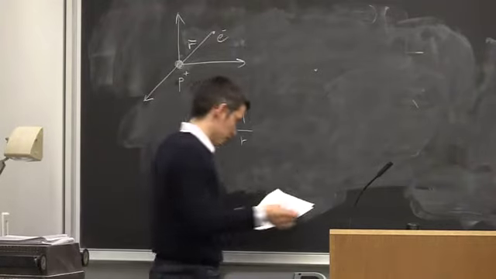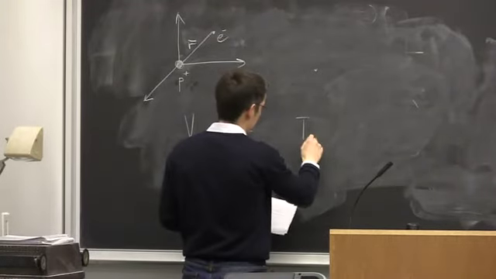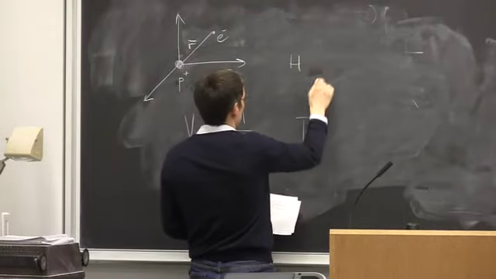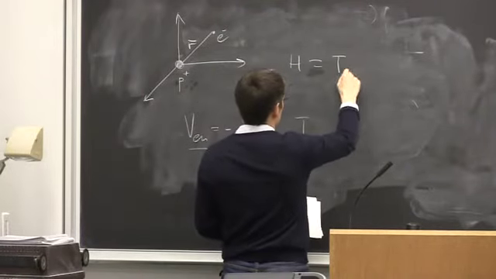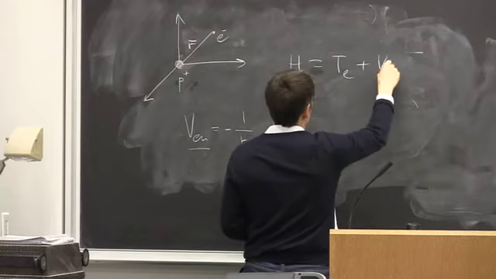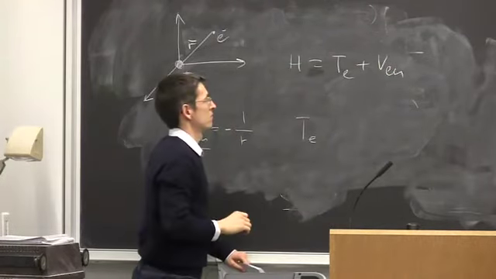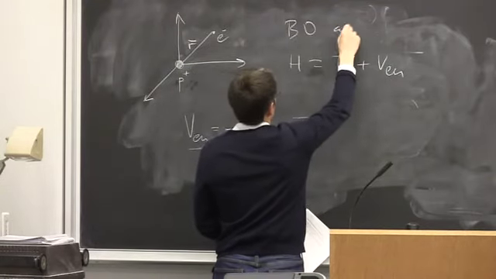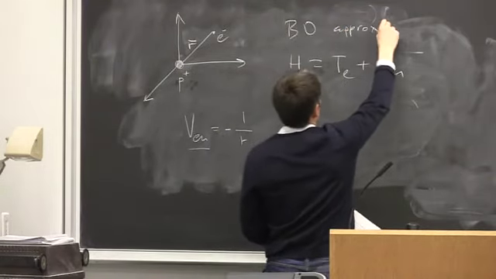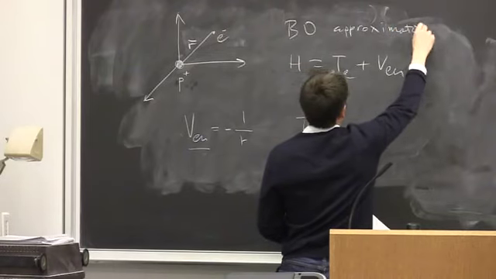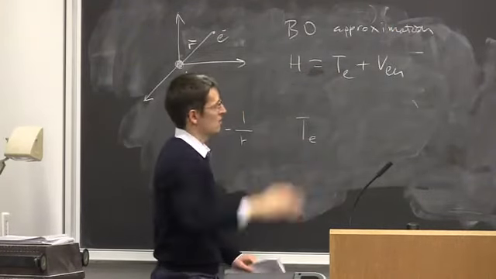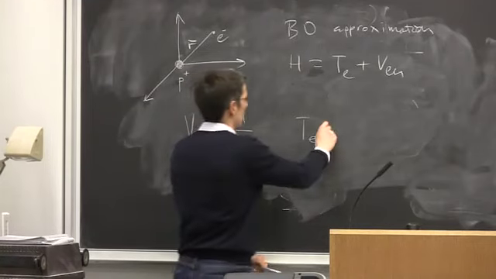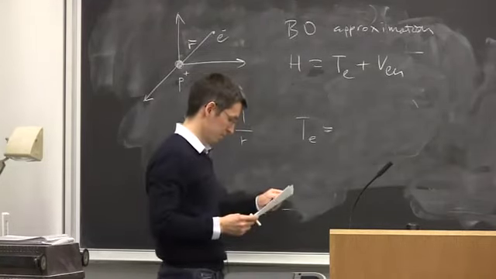Then you will have a kinetic energy of electron, right? So that's the whole Hamiltonian will be kinetic energy of electrons plus electron nuclear attraction. Okay? So this is after we did Born-Oppenheimer approximation. Actually, we do not consider nuclear energy of the proton. So what is the kinetic energy here?